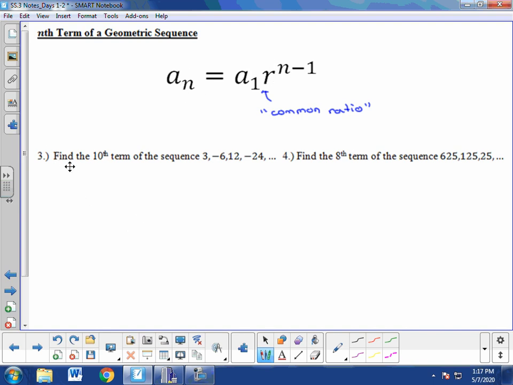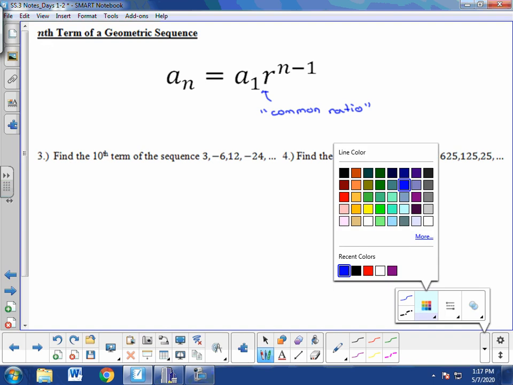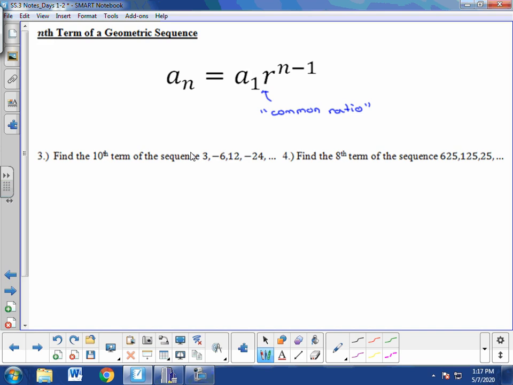So for problem number 3, it says find the 10th term of the sequence. One way we could approach this is to find the common ratio. If you look at this, we notice that the sign is switching, so the common ratio has to be negative, and hopefully we could see that it's negative 2 that's being multiplied in each one of these cases.